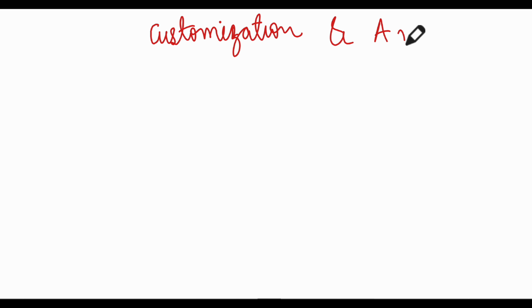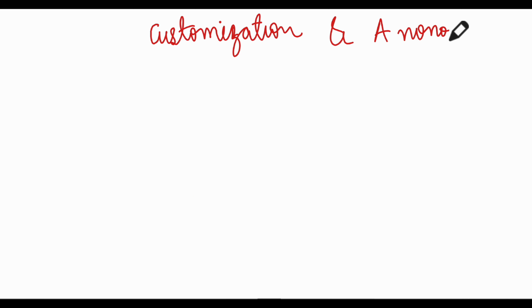Now we will discuss the last part of this video, a few miscellaneous things. They are called customizations and annotations. I'll speak about customization and annotation. So what do they mean?